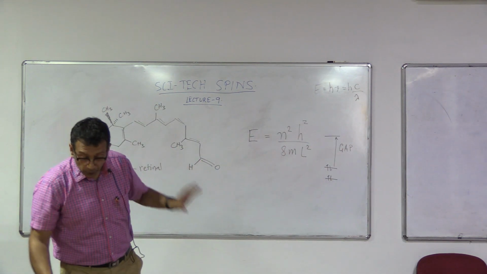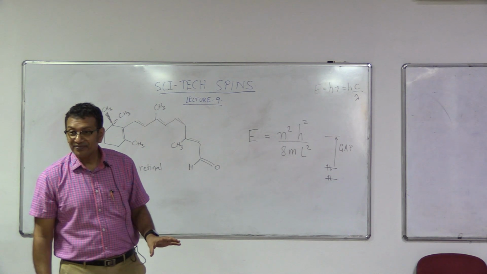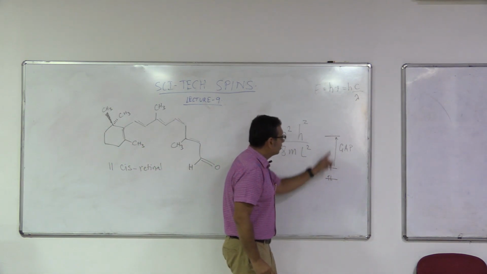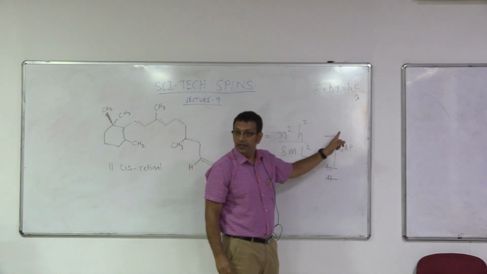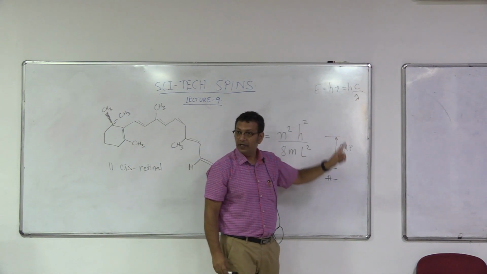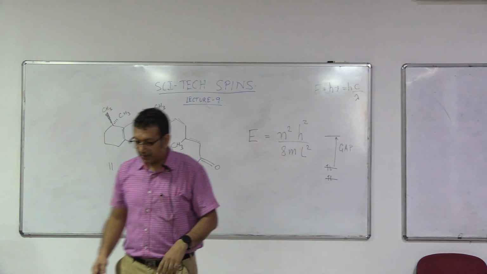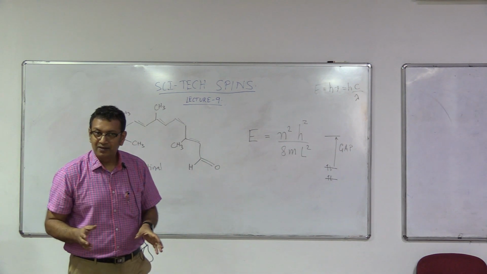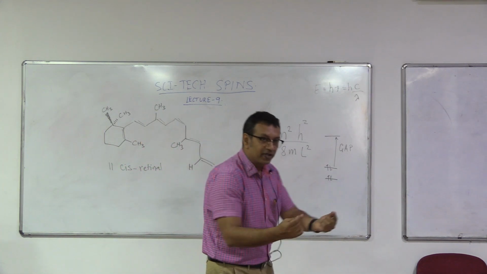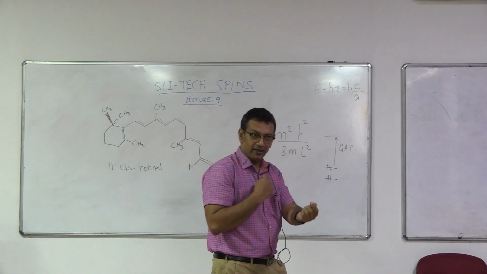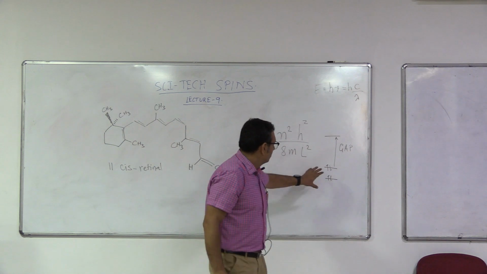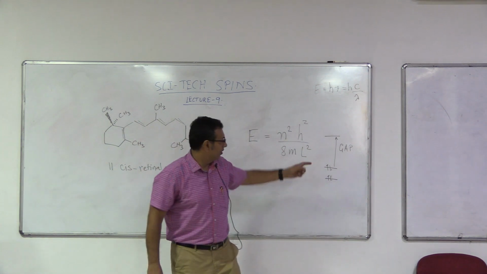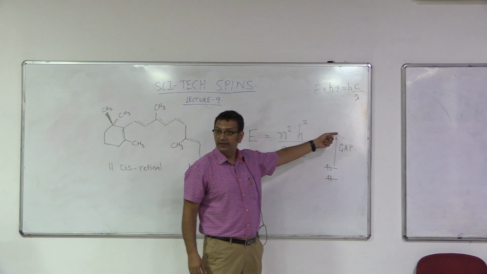So if this corresponds to the energy of the incoming radiation, then one of these electrons could be excited over here, right? Now what does this opsin do? Right? Opsin is taking the light in. One of the electrons in these chromophores is getting excited over here.